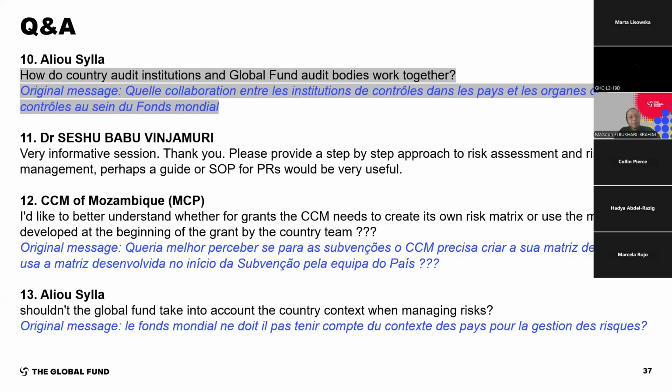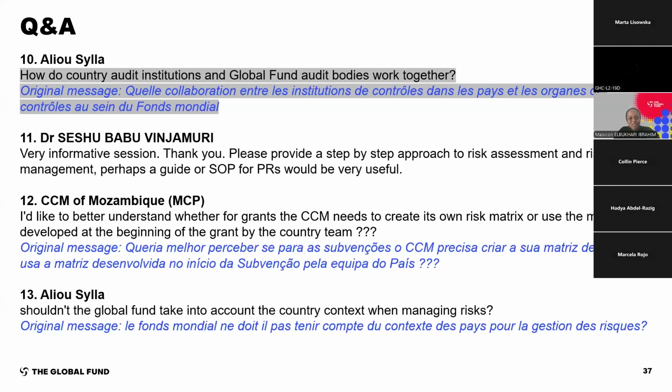From CCM Mozambique, I would like to better understand whether for grants the CCM needs to create its own risk matrix or use the matrix developed at the beginning of the grant by the country team. So thank you, CCM Mozambique. I think there needs to be a risk matrix that's developed by all partners who are implementing the grant.